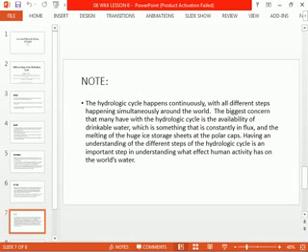The biggest concern that many have with the hydrologic cycle is the availability of drinkable water, which is something that is constantly in flux, and the melting of the huge ice storages at the polar caps. Having an understanding of the different steps of the hydrologic cycle is an important step in understanding what effect human activity has on the world's water. So that's the very important point to note in this topic.